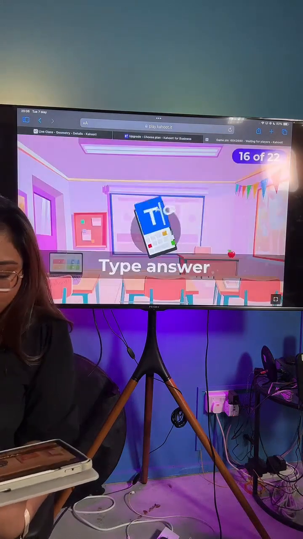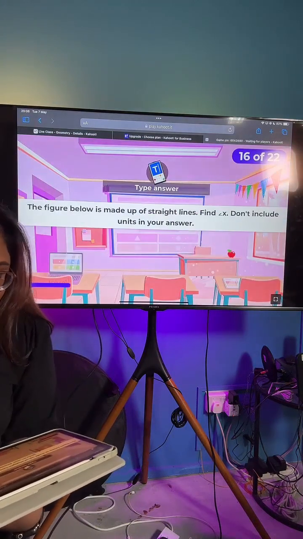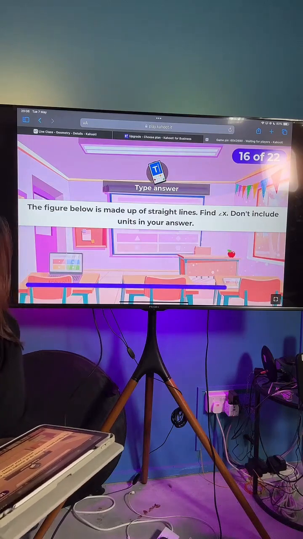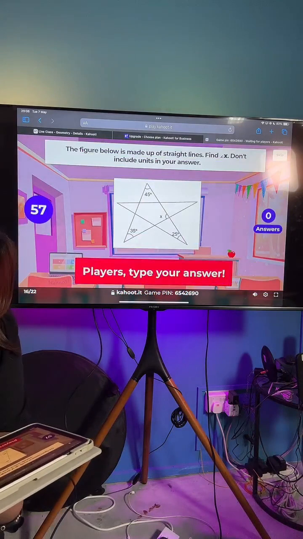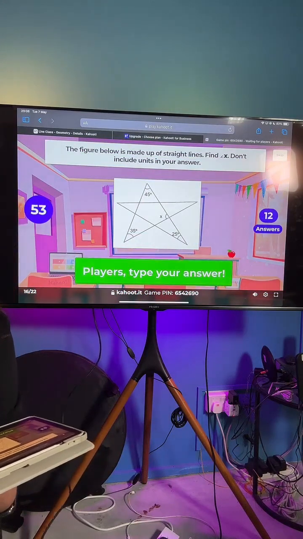Okay, next one. We have question number 8. We want to find angle X. Don't include units in your answers, just numerical values. 1 minute only, guys. We have a star-looking figure.